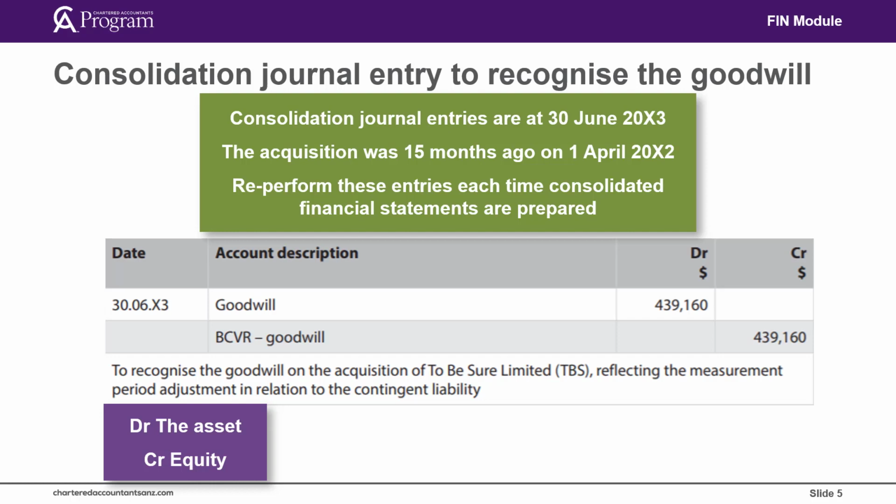Once we have posted all of our consolidation journal entries, including those relating to the non-controlling interests, the BCVR should come back to having a zero balance. Think of this suspense account as a way of helping us to get certain acquisition date values into our consolidated financial statements. And we don't recognise a tax effect adjustment for the goodwill, as IAS 12 prohibits this when goodwill is acquired.